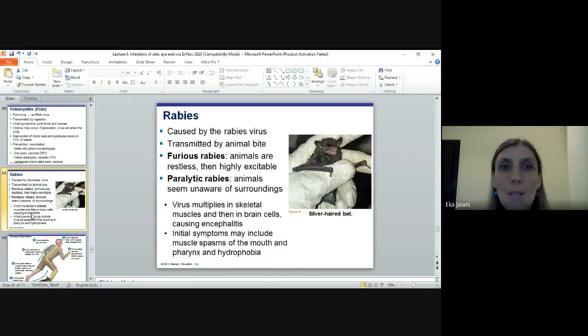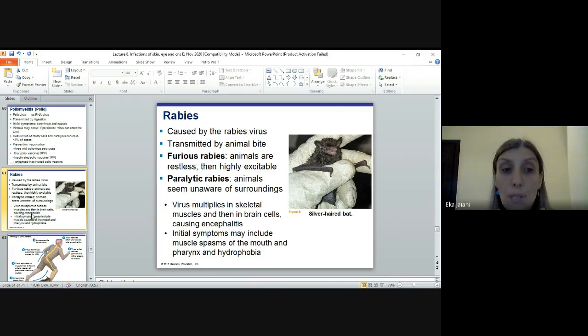I will try. So rabies, this is a disease of mammals, and potentially all mammals can be infected with the rabies virus. Animals sometimes become furious and they want to bite more people or other animals to spread it. There's also paralytic rabies, when animals are more confused and unaware of their surroundings.